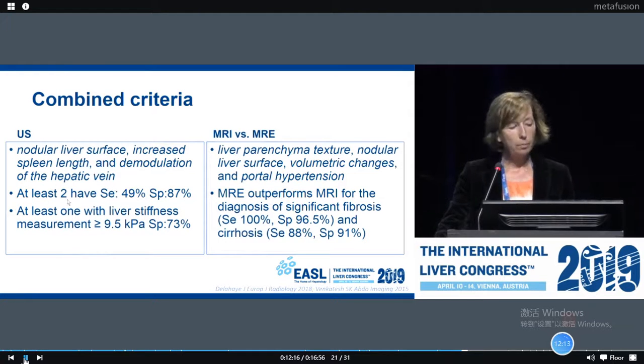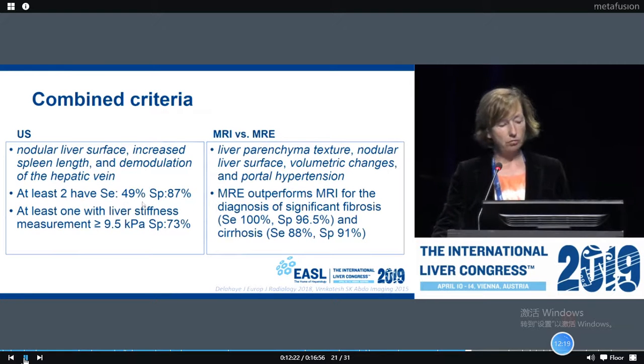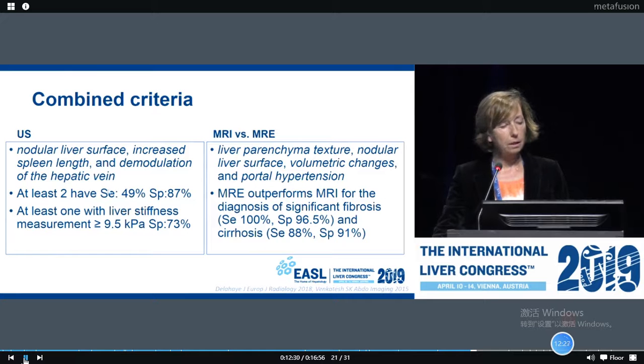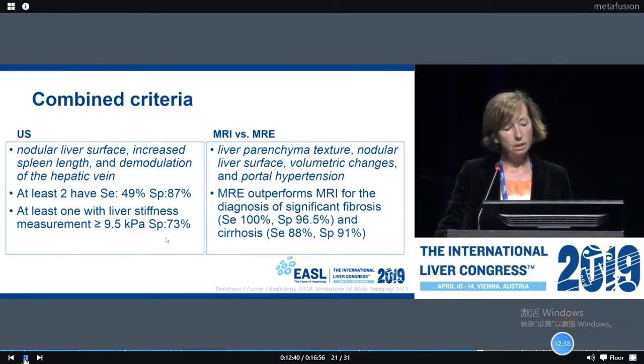So in that population, at least 2 out of these imaging findings had a sensitivity which is not very good, but a high specificity for the diagnosis of fibrosis. And then, if we pick up only 1 out of these criteria, plus an increased liver stiffness more than 9.5 kilopascal, the sensitivity increases with a slight decrease of the specificity.